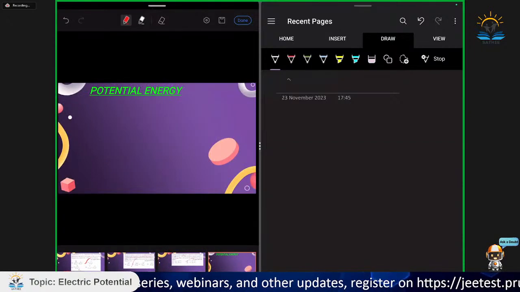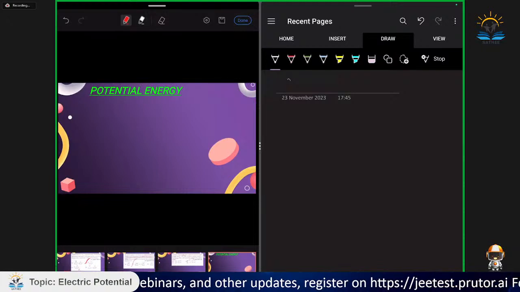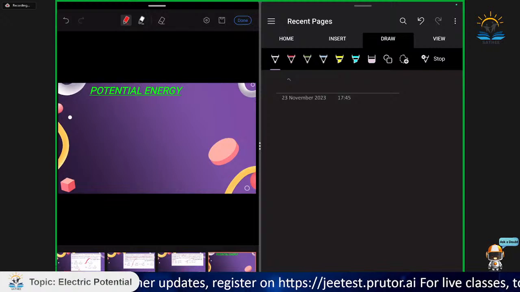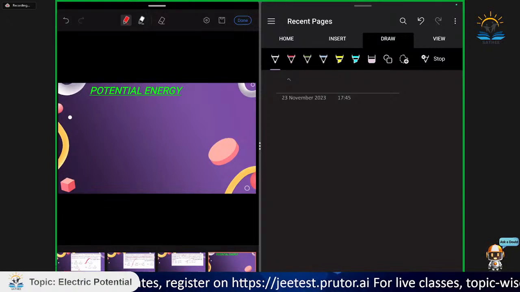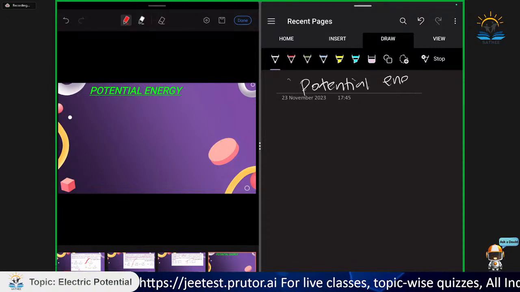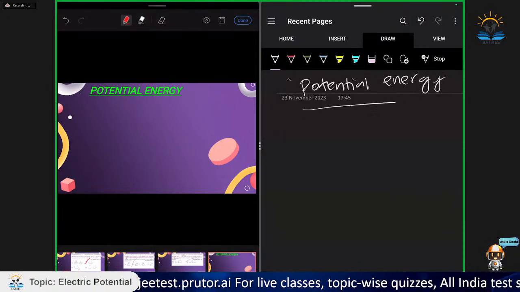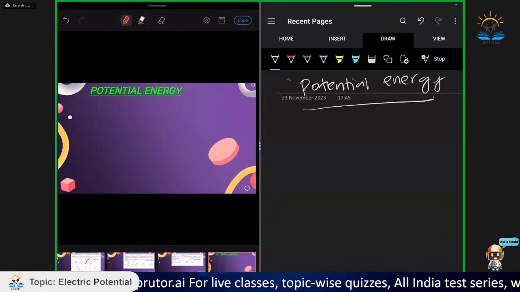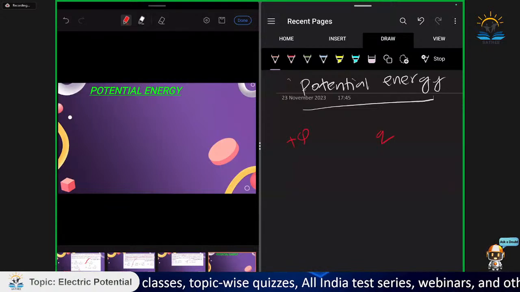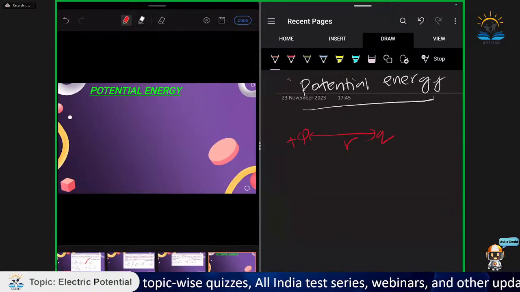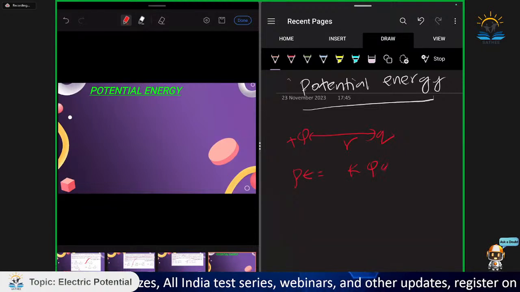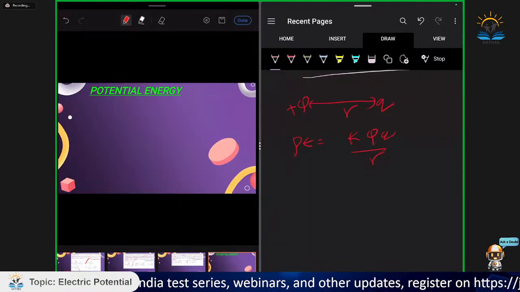And next, potential energy. Plus Q separated by distance R, what is the potential energy? Potential energy is simply KQ by R, as easy as that.